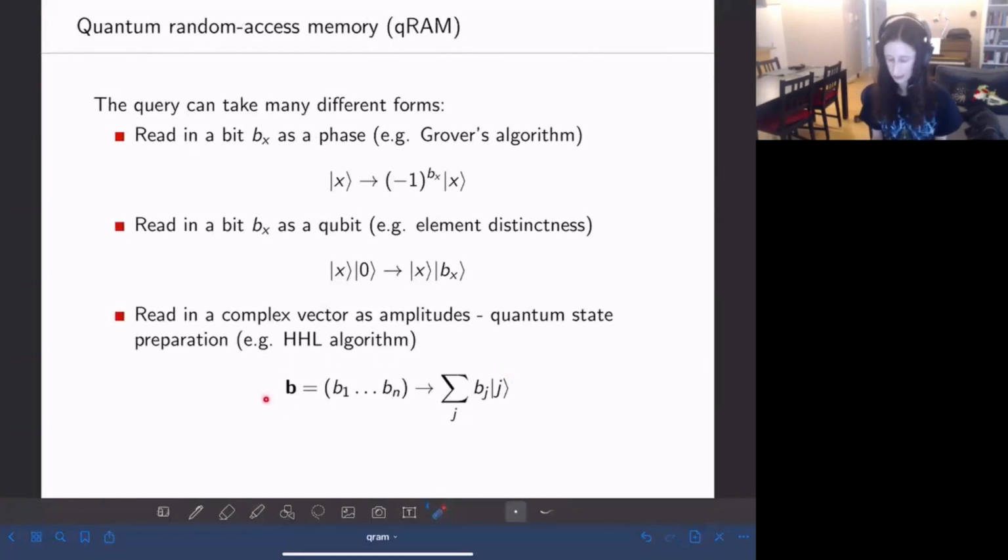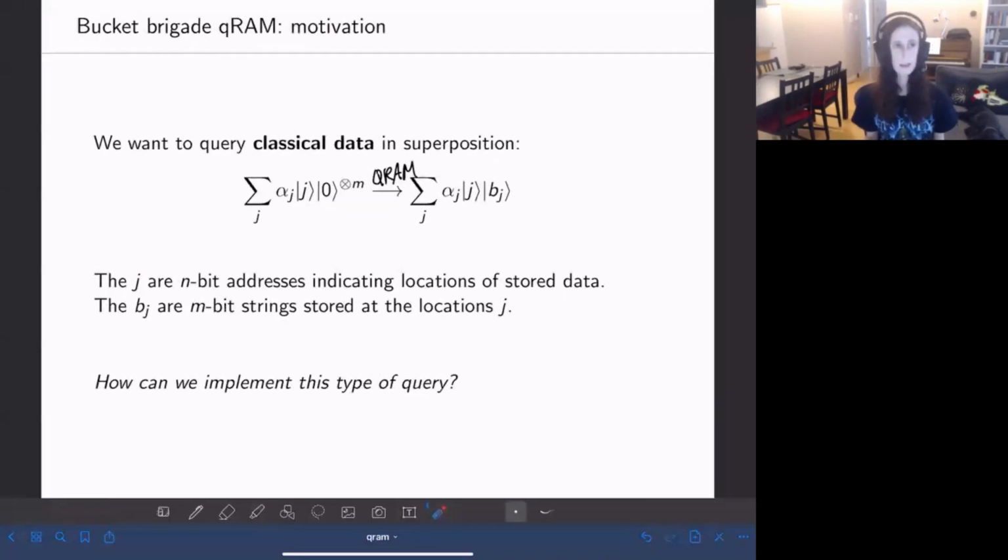Yes. Like this type of query here, you're just reading things in as amplitudes. So it's kind of one data vector at a time. But here it's very specifically multiple addresses in superposition. Right. Okay. Thanks for asking. Please jump in anytime if you have questions.